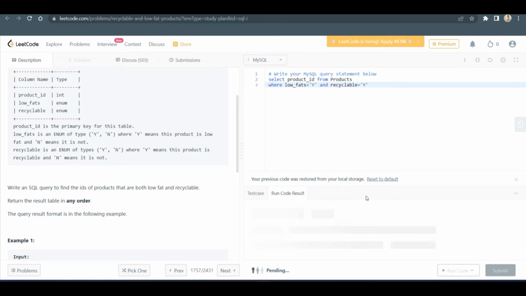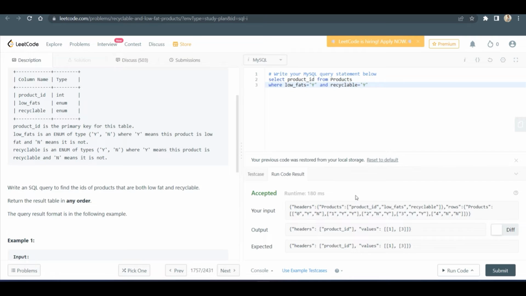Let's run the query. Yes, the answer is right.